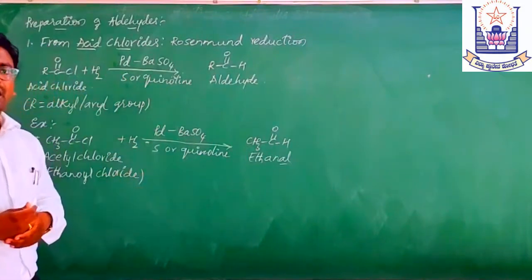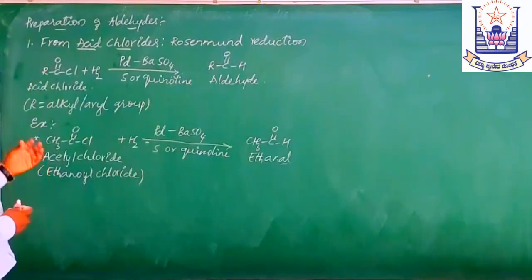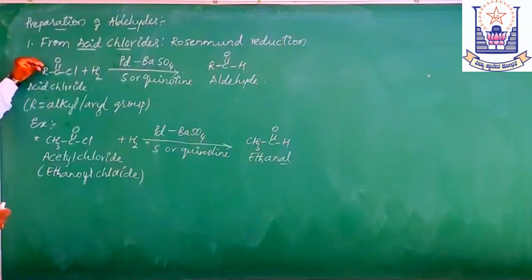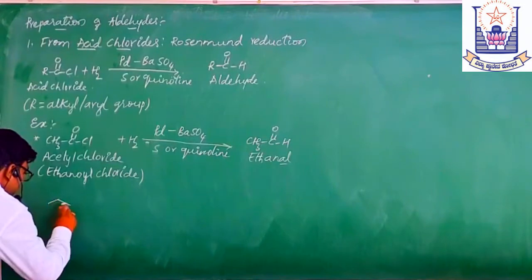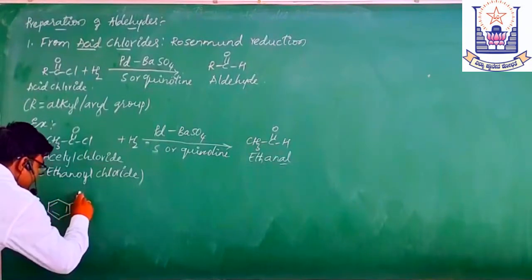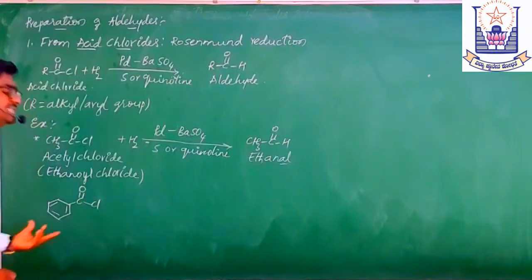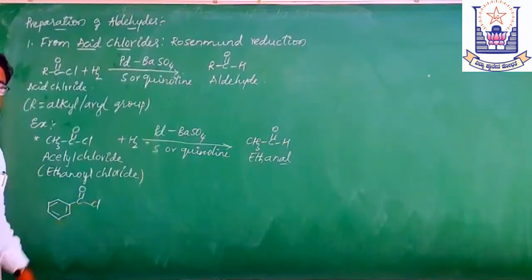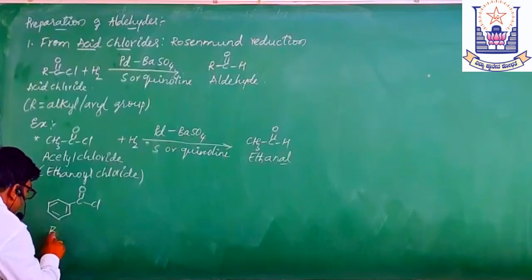Now let us see the aromatic. To get an aromatic aldehyde, an aromatic ring must be present in the place of R, that is benzoyl. This is called benzoyl chloride.